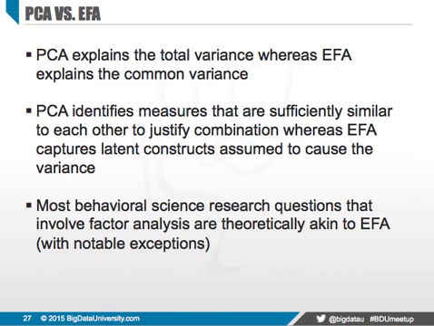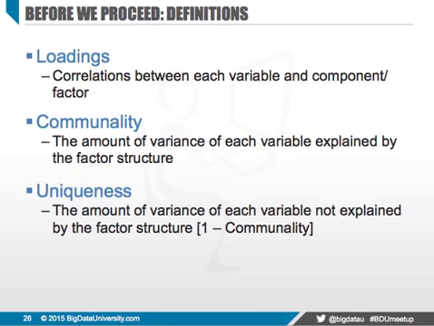For example, when we're looking at faces that contain a number of attributes, say the eyes, the eyebrows, the eyelashes, and the nose, we cannot necessarily say that the upper part of the face is causing the eyes to be a certain way, or causing the eyebrows to be a certain way. Hence, we are more likely to consider the upper part of the face to be a component rather than a factor that causes the measured variables.